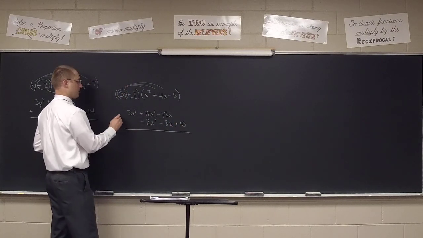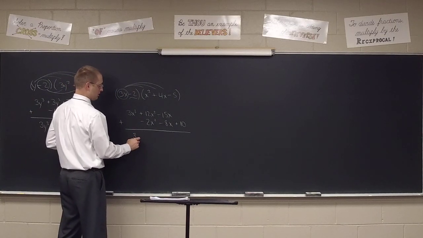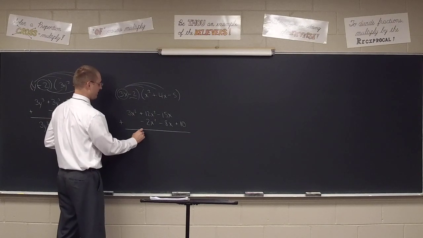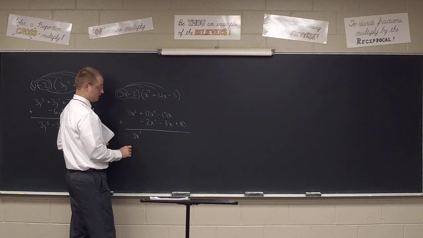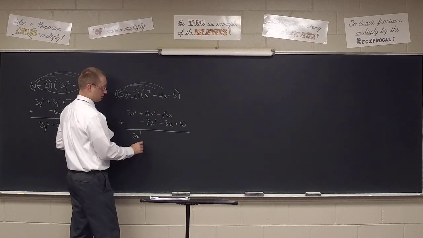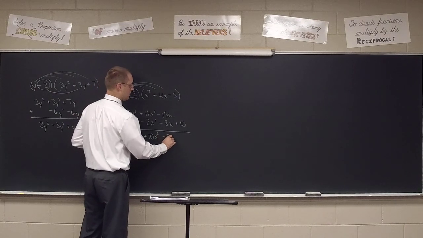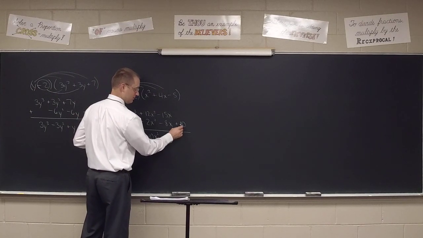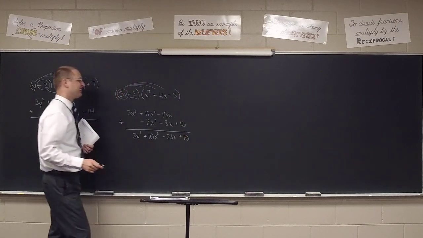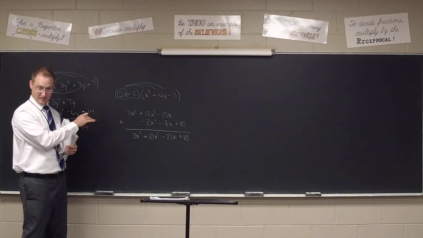And we add our partial products, Lana, to get 3x cubed, 10x squared, and negative 23x, positive 10. Does it make sense what you should have done?